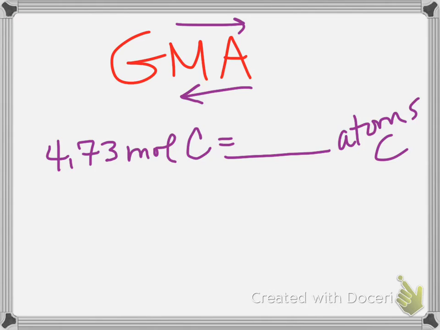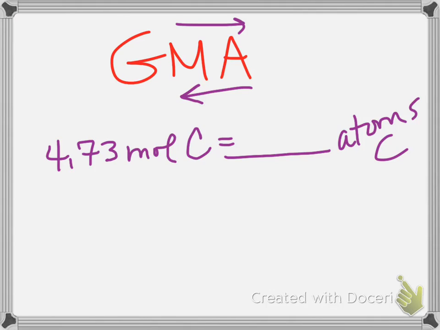Is there a conversion factor that will get me from moles to atoms? How many pieces in a mole? All together now, 6.022 times 10 to the 23rd. Yeah, that number, Avogadro's number.